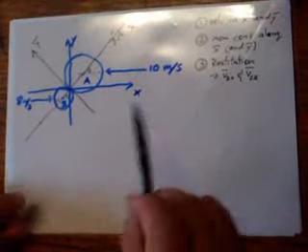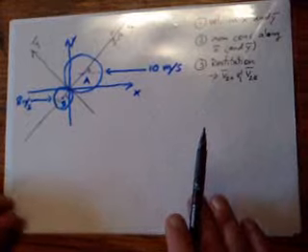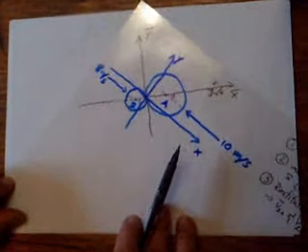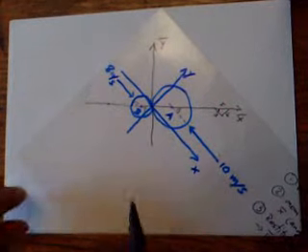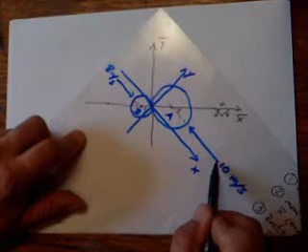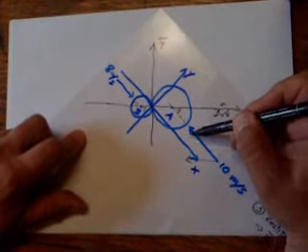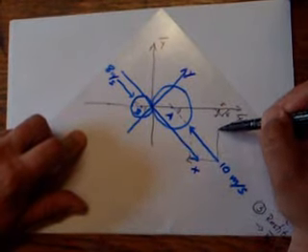Okay, so the first thing that we want is the velocities in the x bar and y bar system. So we're going to rotate it like this, and then we want this component here and this component here.